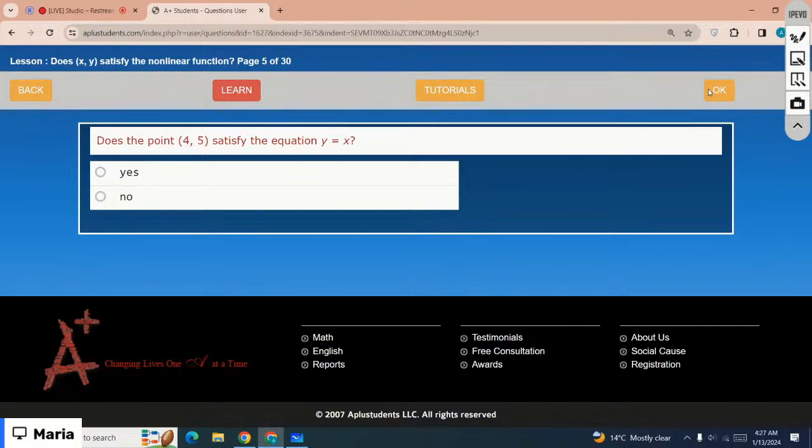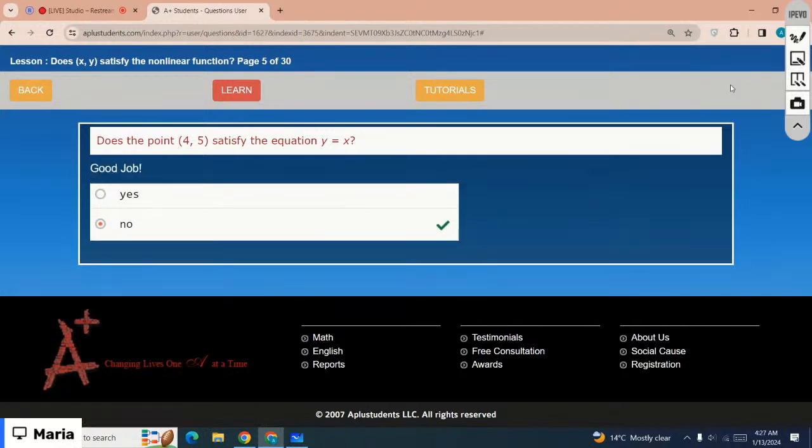The correct option is no, right? The point 4 5 doesn't satisfy the equation y equals x, so that is no.